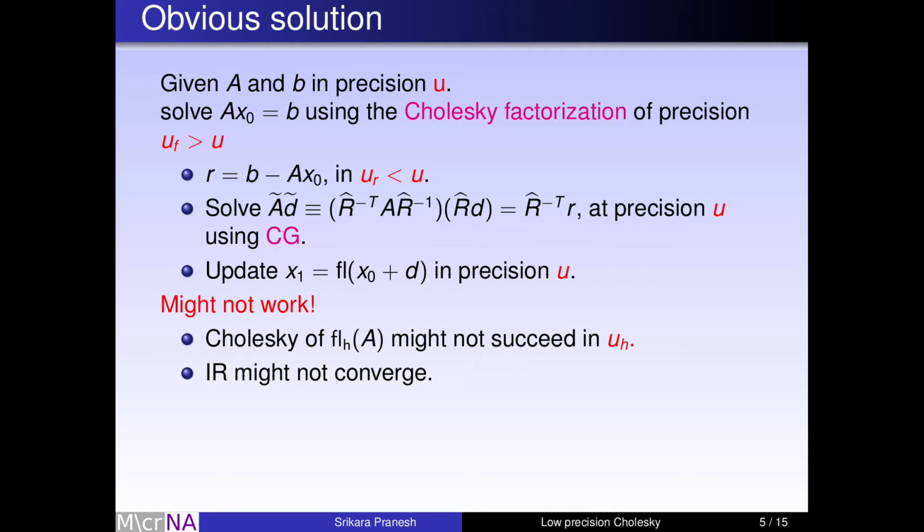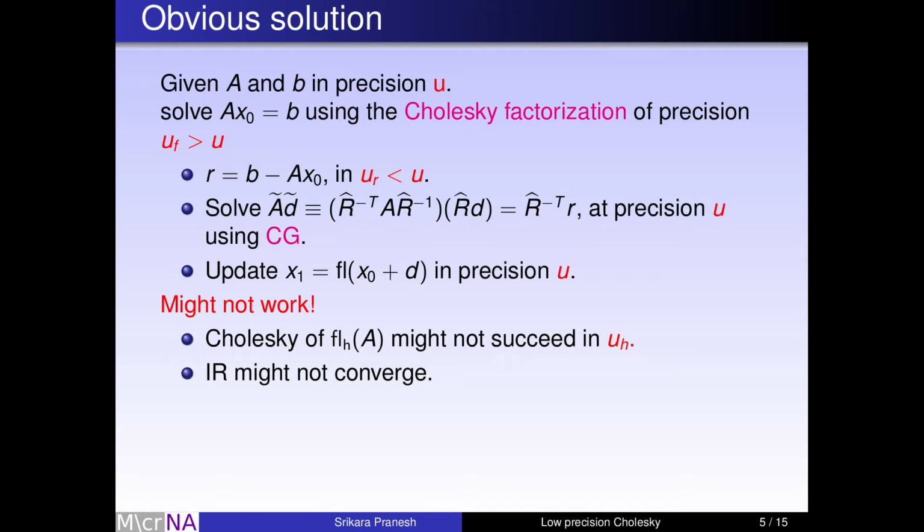So the reason being twofold. The first thing is your Cholesky factorization might not itself succeed. That's because in a floating point system, if you want the Cholesky factorization to succeed, that floating point system should see that the matrix is symmetric and positive definite. What I mean is your smallest eigenvalue must be large enough.